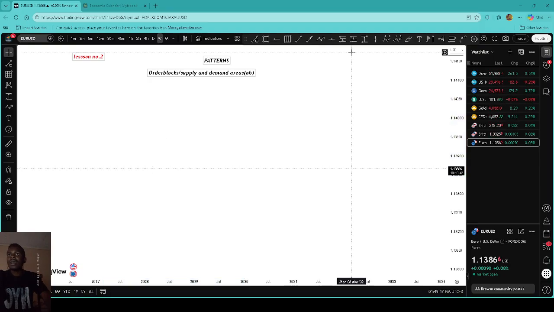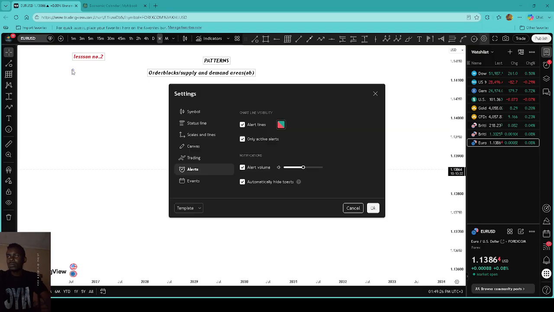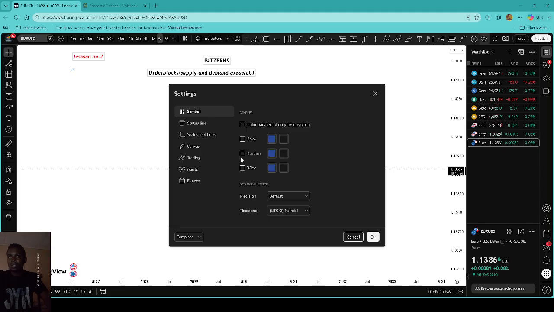Now let's look at order blocks in a chart, because that is the only way we can look at them in the simplest manner. Let's return the candles.